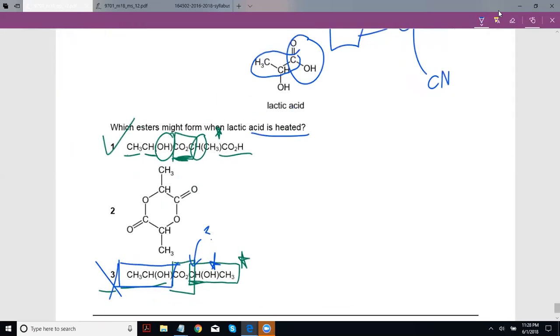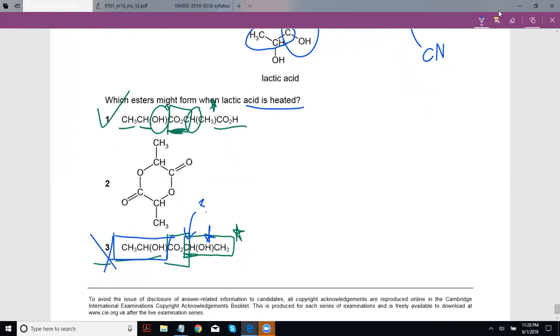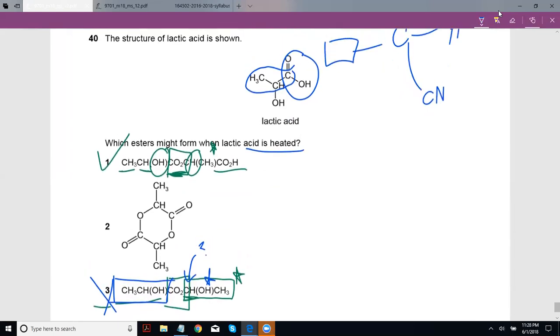We still have to look at 2 though, right? So yeah, let's look at 2. But anyhow, so 2 suggests that you have this particular chain. If you hydrolyze it, this would become 1 unit.